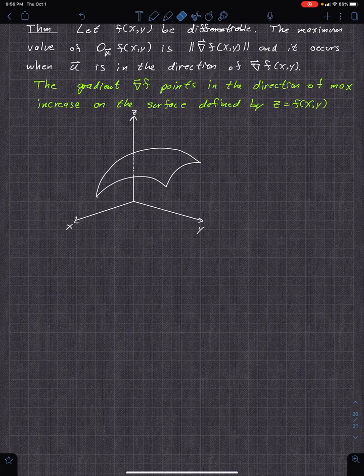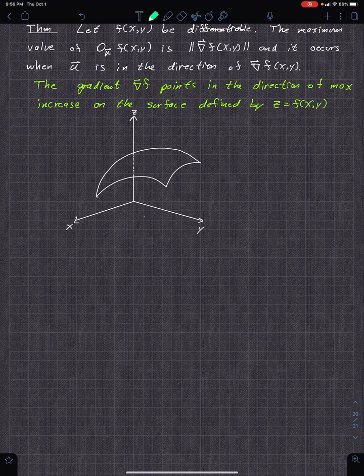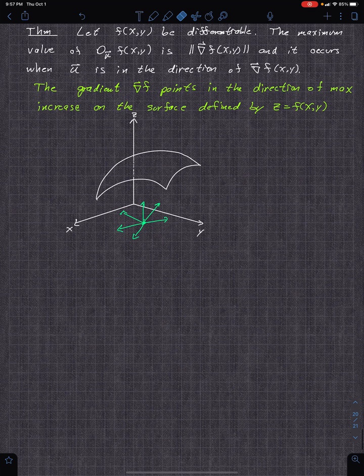Basically the concept here is you pick some point down here. If that's my point, then what direction is pointing in maximum increase? You have all the different possibilities for your u, whatever that may be. I probably put in way too many of those, otherwise it gets a little confusing.